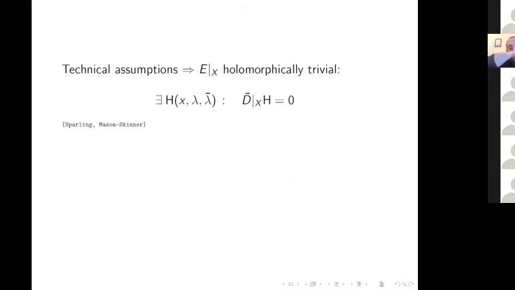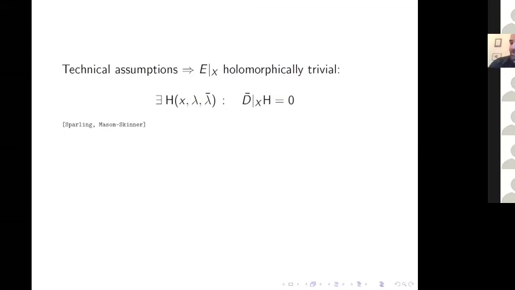Now, all those technical assumptions in the Ward theorem, which I didn't linger on too much, have an interesting consequence. If I look at this holomorphic bundle on twistor space restricted to any twistor line, that is, any linearly embedded holomorphic Riemann sphere inside my twistor space, it means that there exists a holomorphic trivialization of the bundle over that Riemann sphere.